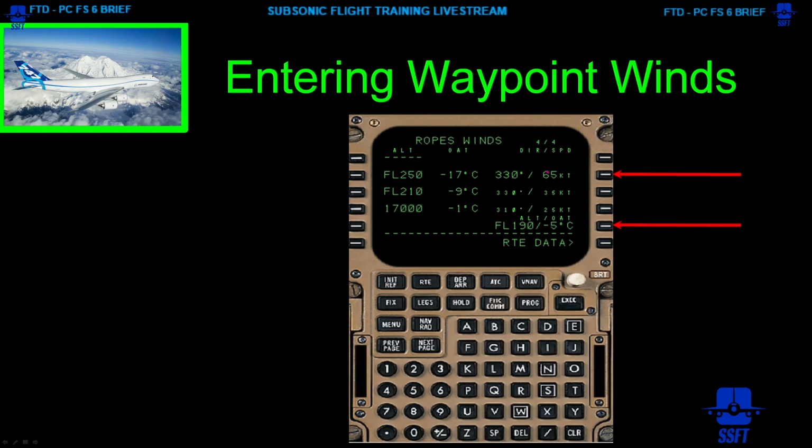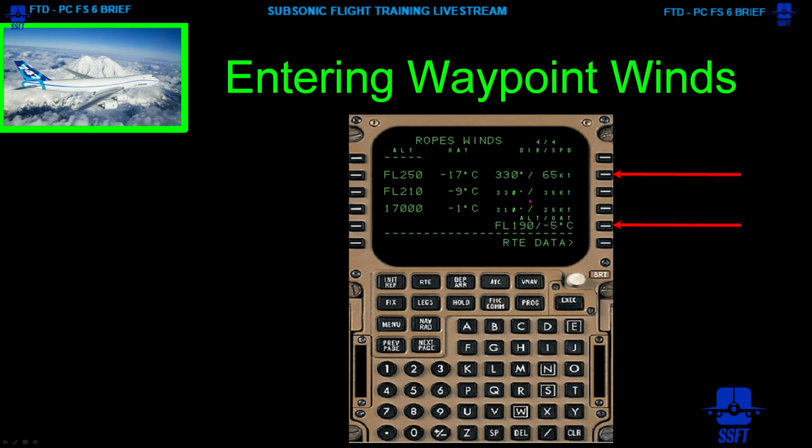And then those winds are going to propagate forward to the next waypoint, and the waypoint after that, and the waypoint after that. So you can change all your waypoint winds going from waypoint to waypoint.